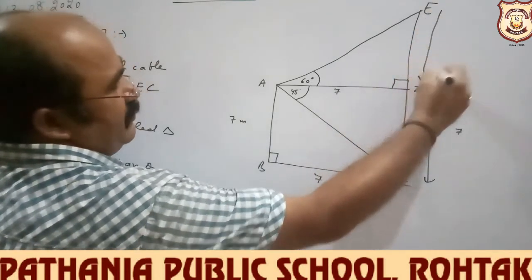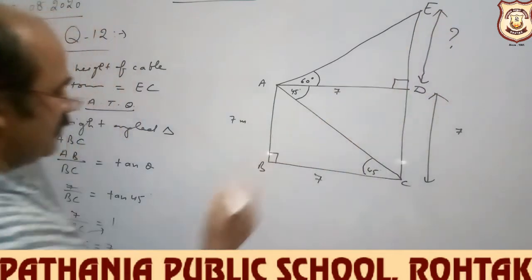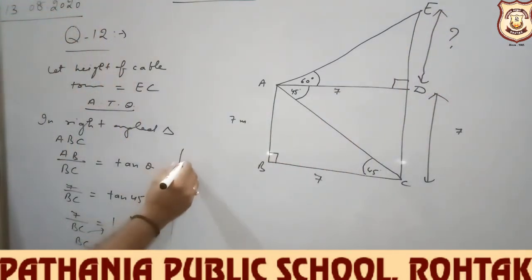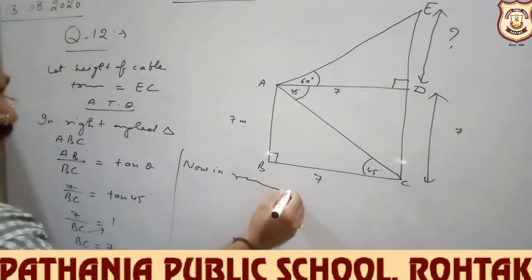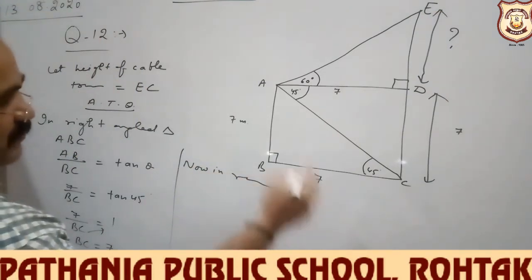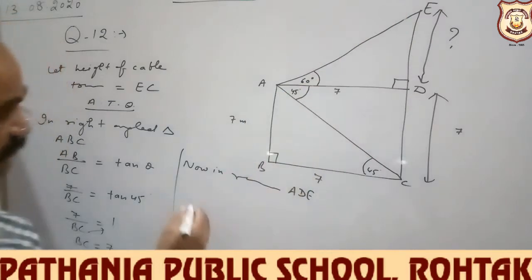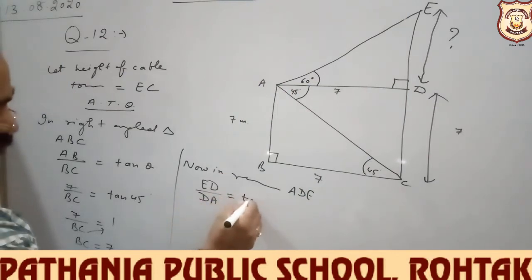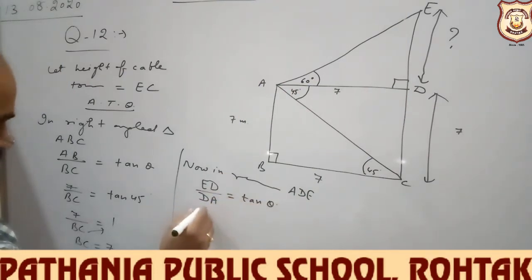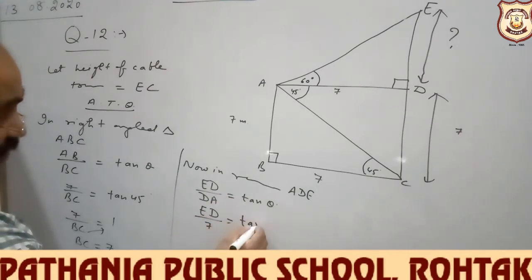Now we will work for ED. For that, in right angle triangle ADE, ED upon DA equal to tan theta. ED upon 7 equal to tan 60.